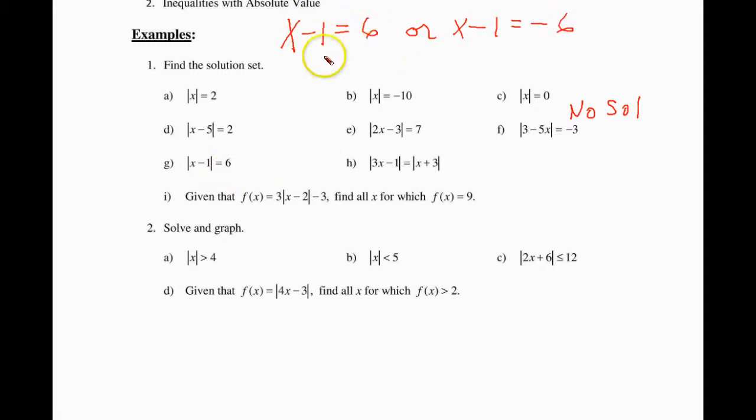So here we transpose, x equals 7, x equals a negative 5. Now in the case when you get two absolute value signs, as we see here, the protocol, the way to do it, is you write it first without the absolute signs.